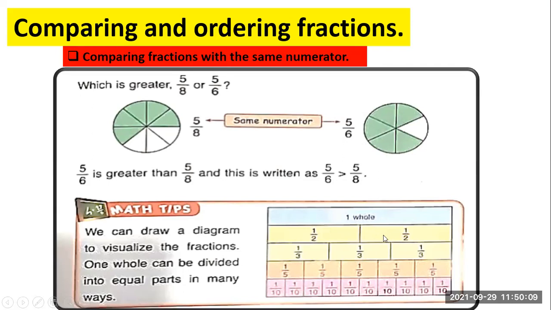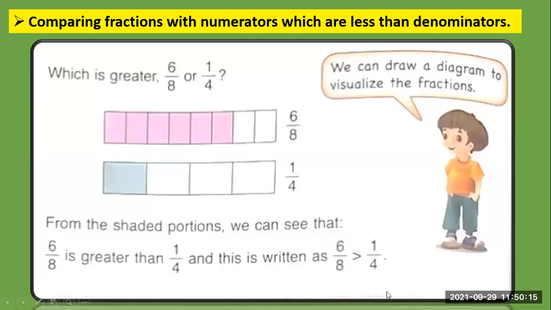So 1 whole, 1 half, 1/3, 1/5, and then 1/10 or 1 over 10. So here, which is greater, 6 over 8 or 1 over 4? As you look at here, 6 over 8 is greater than 1 over 4. So you write this way. Okay.